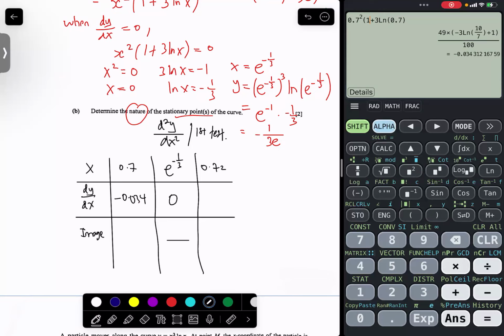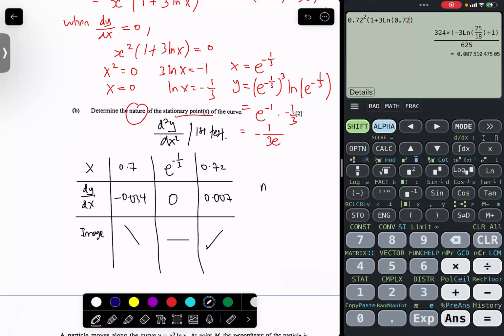Then if I change this to 0.72 squared times (1 plus 3 ln 0.72), I get 0.007, which is expected. So this is negative and this is positive, which means that this stationary point, the nature is a minimum point.